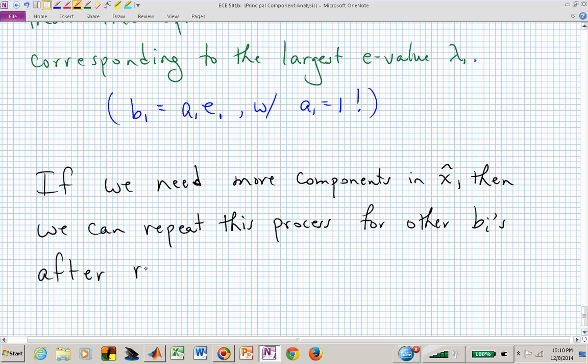After removing e sub 1, e sub 2, etc., up to e sub i minus 1 from the process.